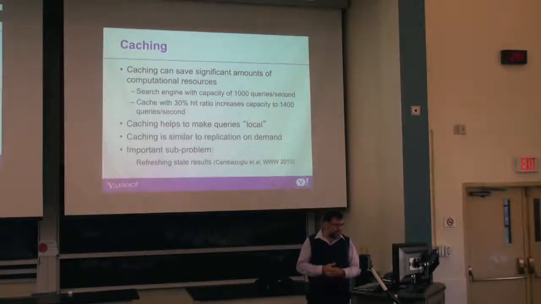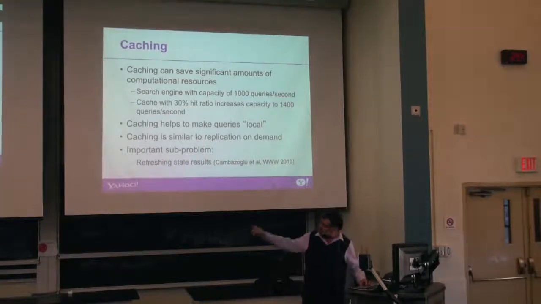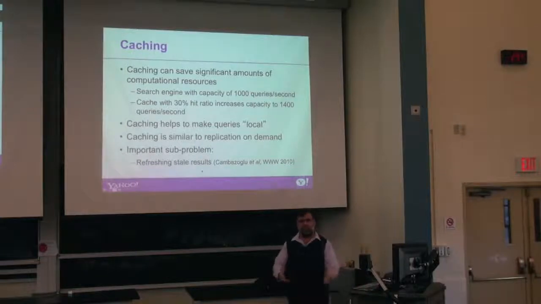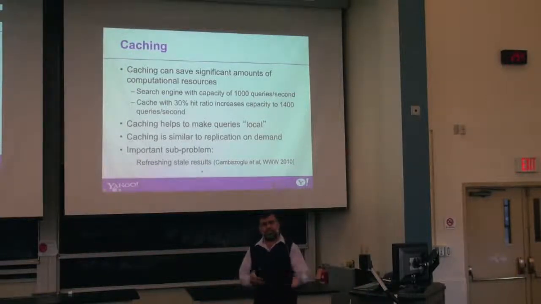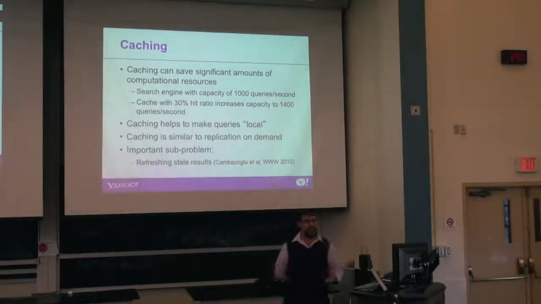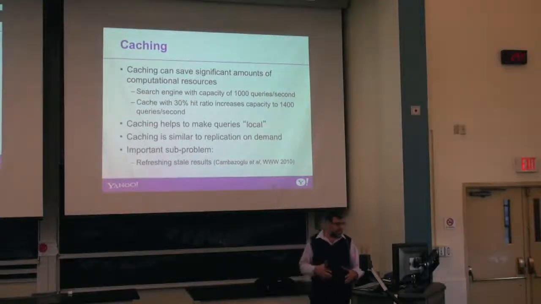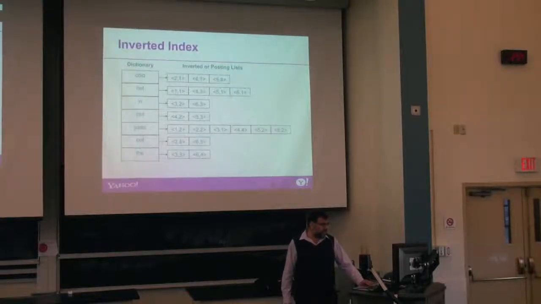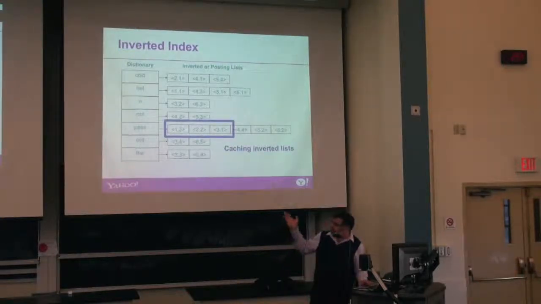So caching. I assume you know what caching is, right? So I don't need to explain it. We have studied a lot about refreshing caches, because we have to refresh the answers, since maybe there are some mistaken results, but I will not talk about that. That's an interesting problem, but it's not a basic problem in the architecture. Another thing you can cache is the index, where you can cache inverted lists.